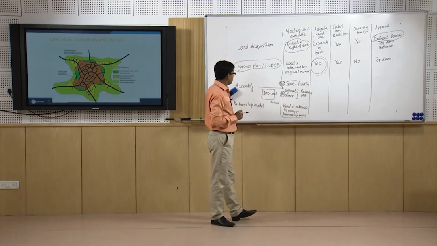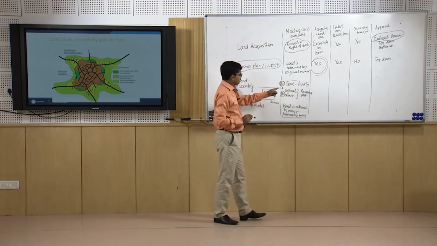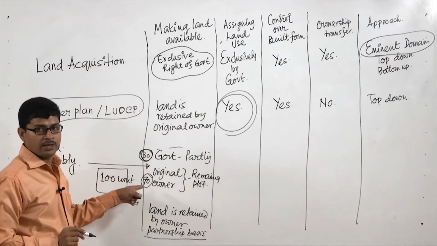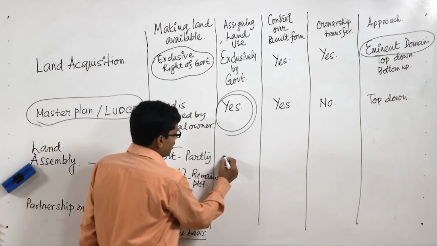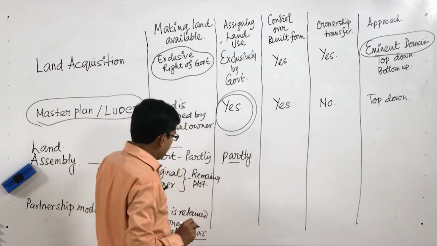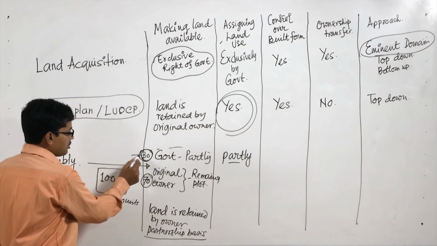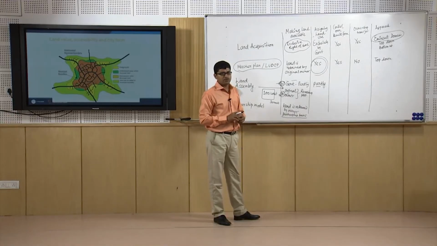In the third element, which is called land assembly, where we have seen that the ownership is shared on a mutual basis, there also the land use prescription is done, but partly, if required. Mostly the land use prescription government retains with them, and the land which is returned to the original owner sometimes has a land use prescription, and sometimes it is given to them without any embargo, without any prescription or control, so that they can get the full benefit of the land.